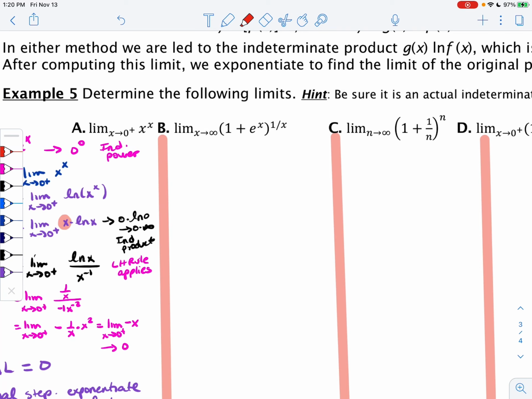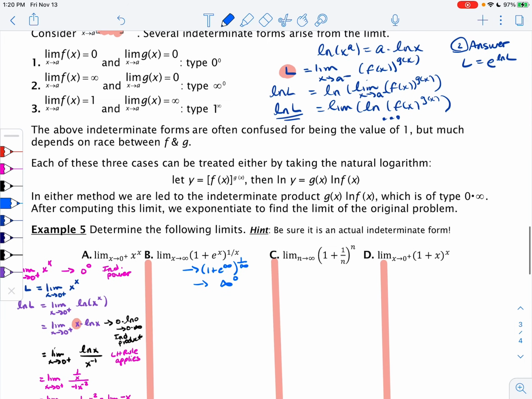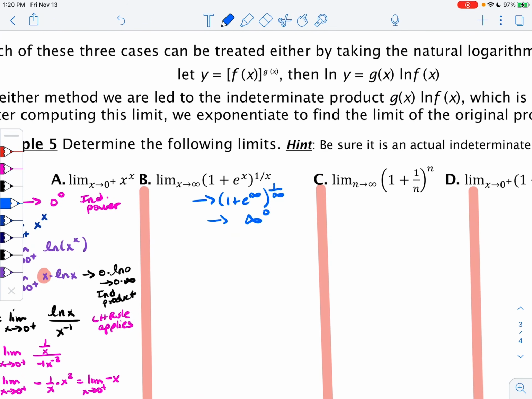So limit as x goes to infinity of 1 plus e to the x raised to the 1 over x power. We want to check where this is going. So this limit is going to 1 plus e to the infinity raised to 1 over infinity, and that's going to infinity to the 0, and we determined that infinity to the 0 is an indeterminate power.